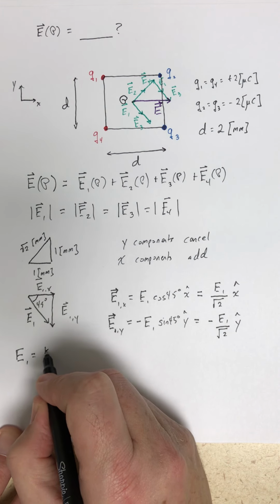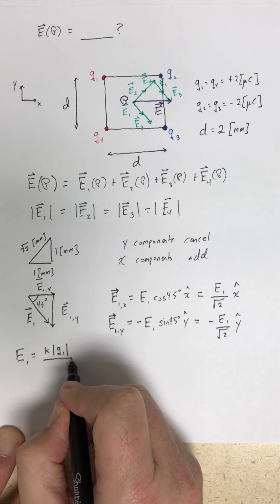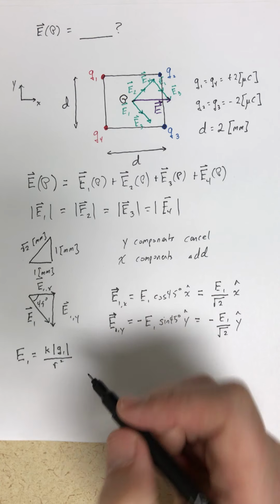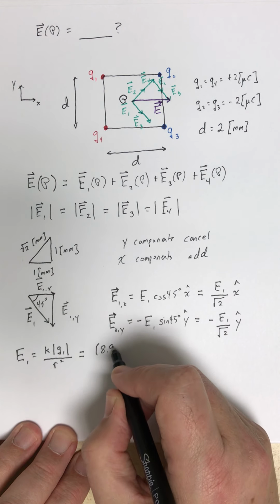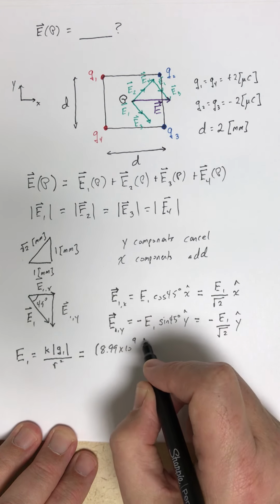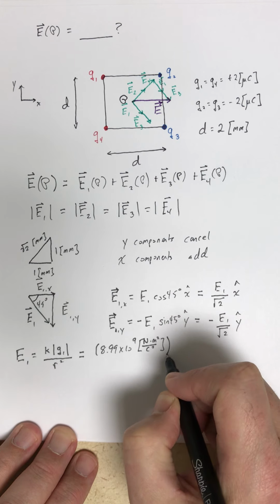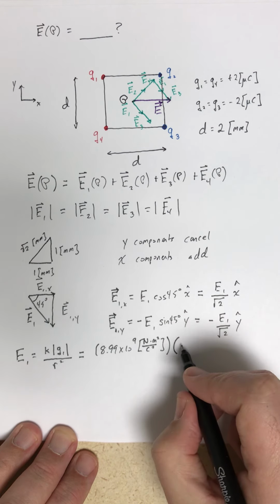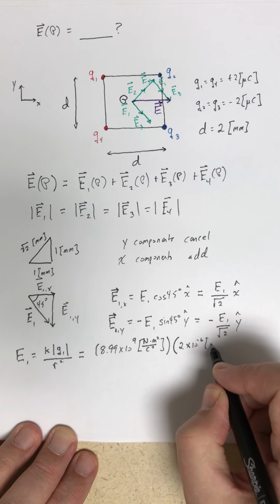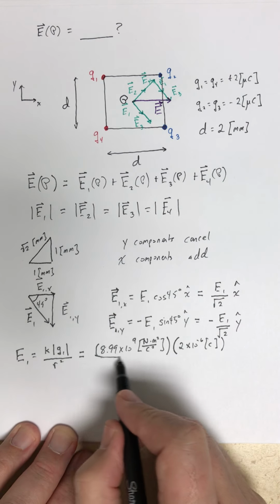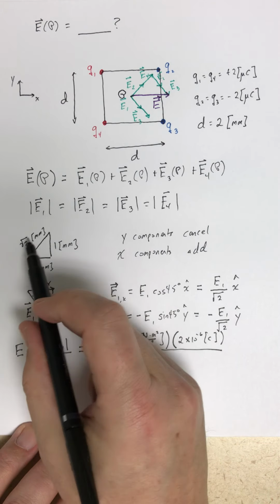So the electric field caused by a point charge, so the coupling constant K, magnitude of the charge over the distance squared, inverse square law for the electric field from a point charge. K is 8.99 times 10 to the 9th Newton meter squared per Coulomb squared. The charge's strength, 2 microcoulombs, 2 times 10 to the minus 6 coulombs. And the distance we had just found there.